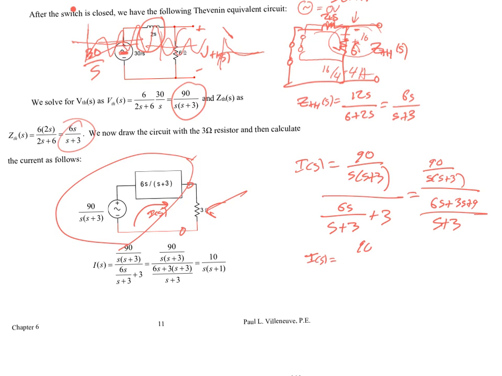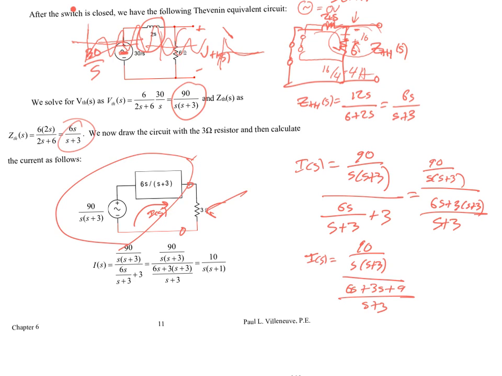So this is 90 over s times s plus 3. To put this under a common denominator, and maybe I skipped a step and I shouldn't have, this is going to be 3 times s plus 3 over s plus 3, if I just multiply that out. So then this becomes, in the numerator, 6s plus 3s plus 3 times 3 is 9, all over s plus 3.